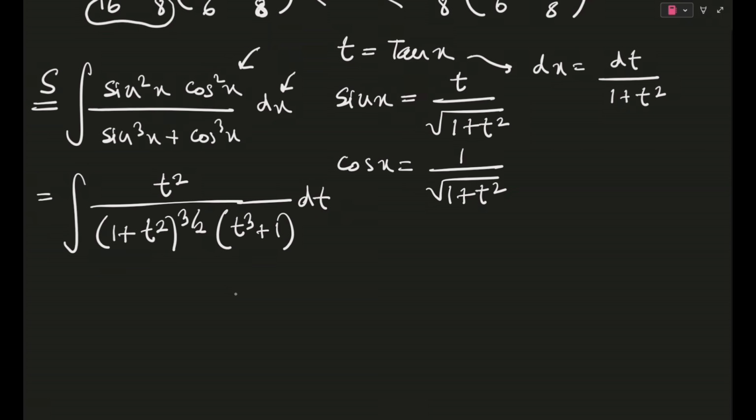So I hope this is done. And wait, one more thing. If we actually had to evaluate this integral and find a final expression, some value, not an integral expression but a definite algebraic or trigonometric expression, then in that particular case this had to remain as t.